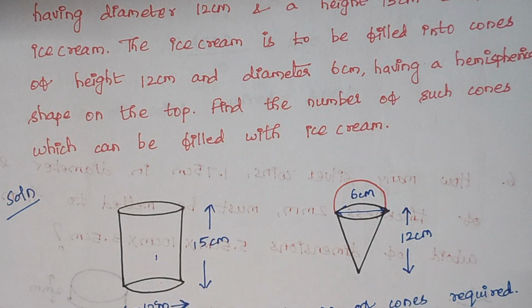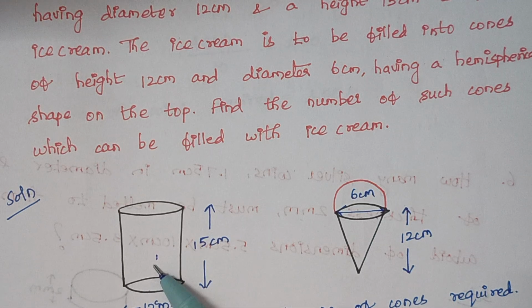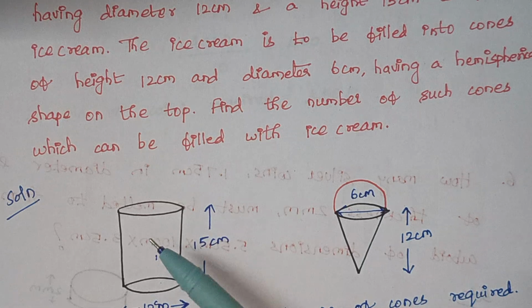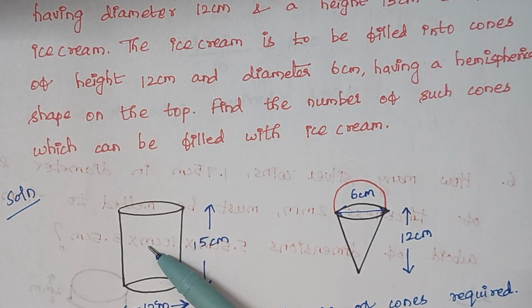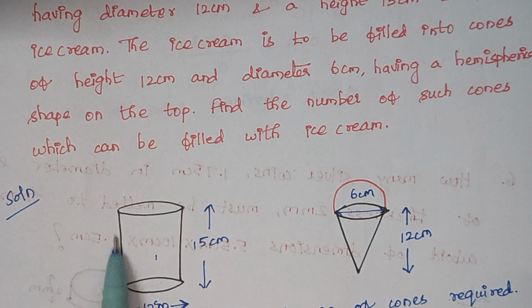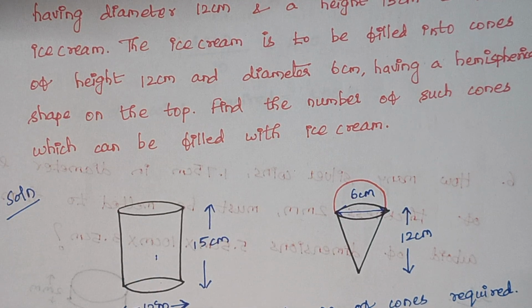So again, here we are discussing about the cylinder and the cone. So volume of this ice cream which is filled in the cylinder is equal to the volume of cone multiplied by, we don't know how many cones we need to finish the ice cream in the cylinder.